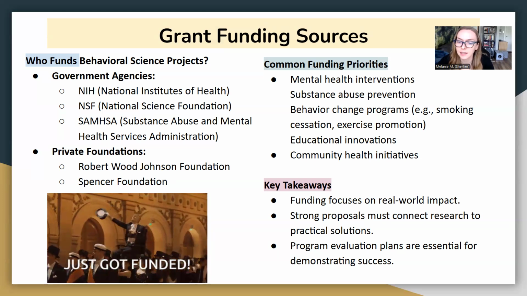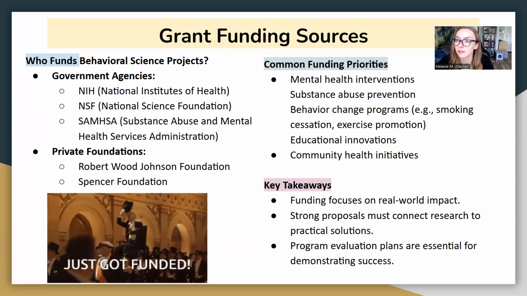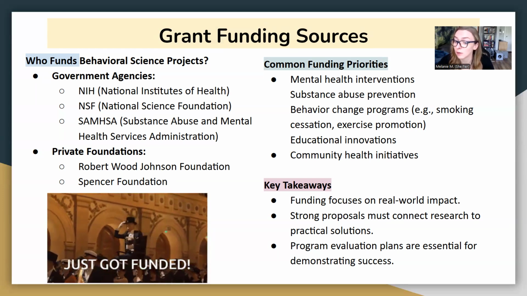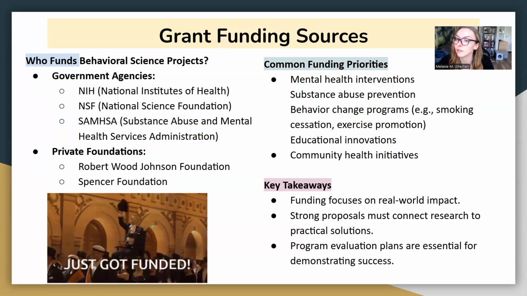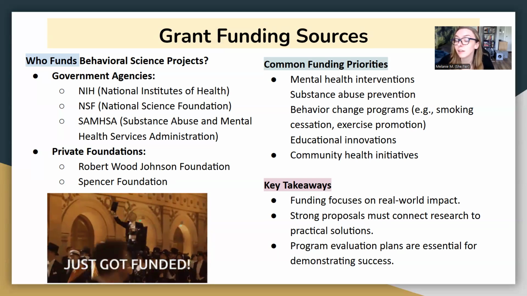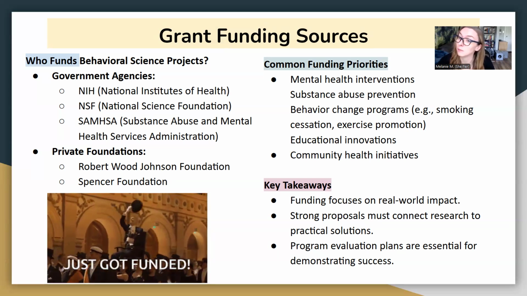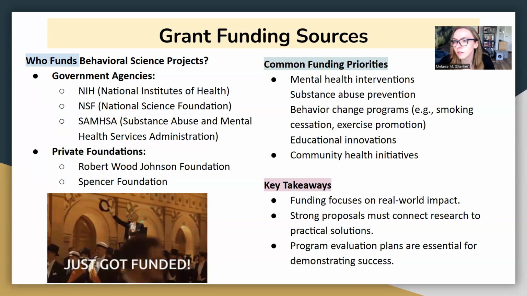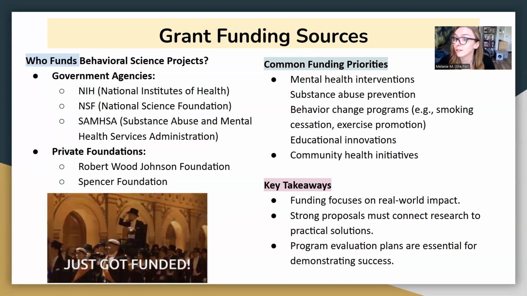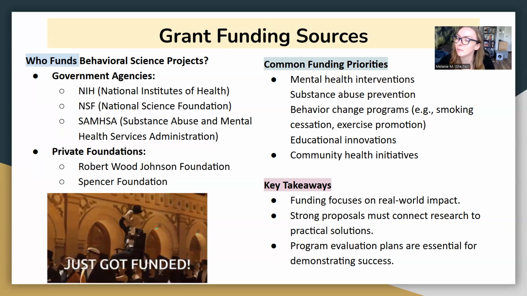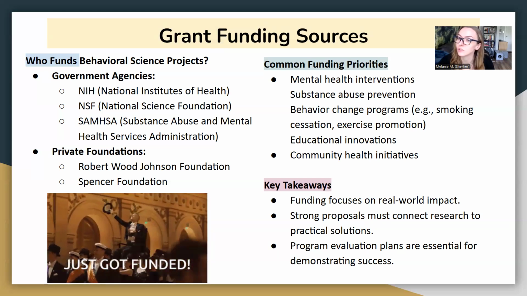Key takeaways is that who funds what and what they want to fund very much impacts real world innovation. If no one is funding cancer research, we aren't going to make any progress towards helping people with cancer. If no one is funding substance use research, we're not going to make any progress on how we can better prevent and then treat substance use issues.